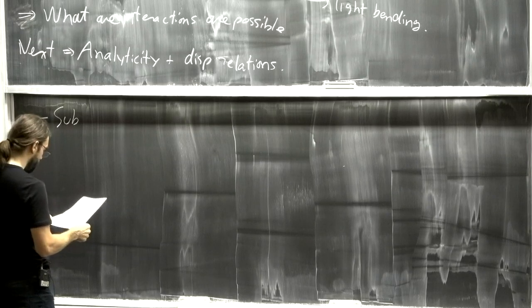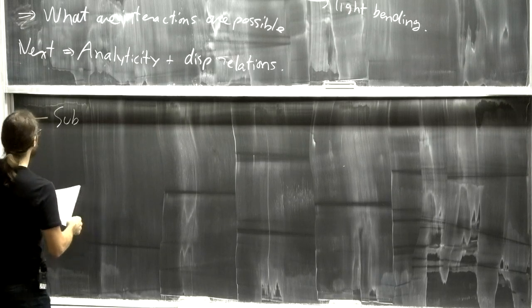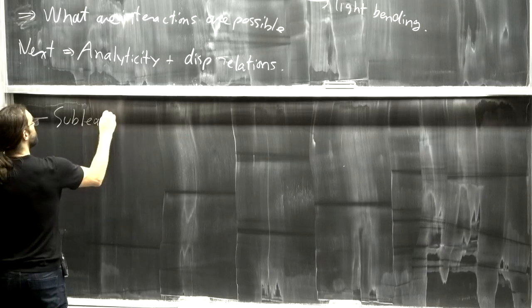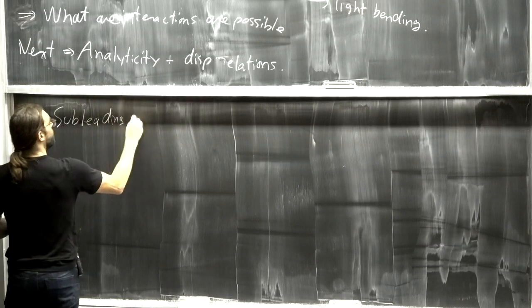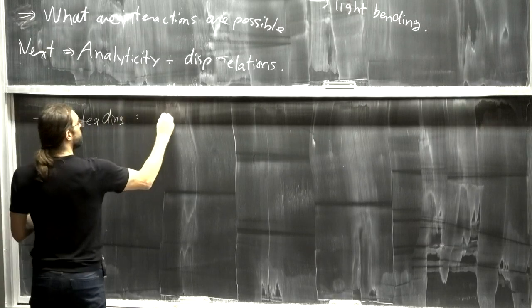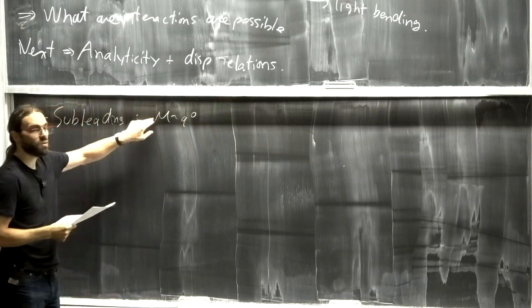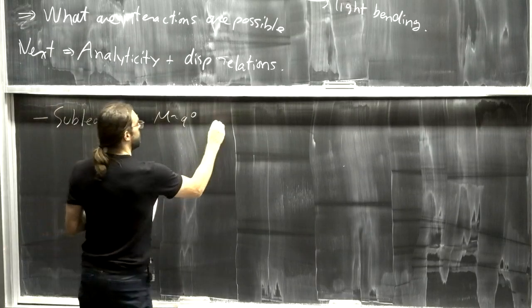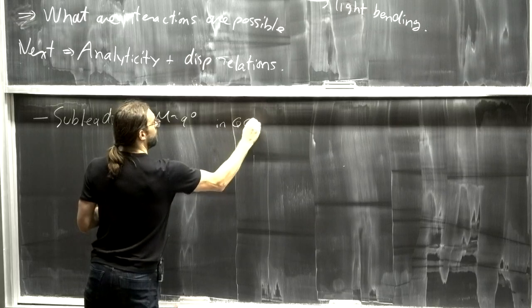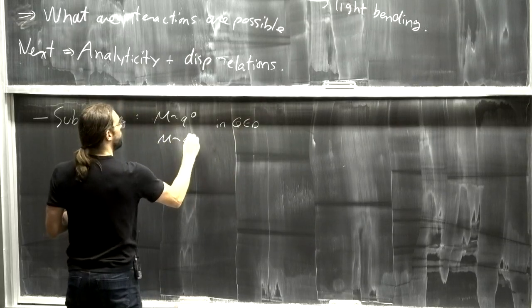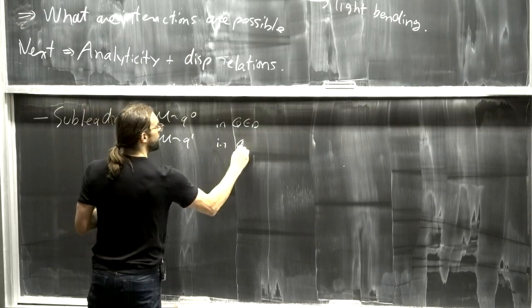So one thing that is true is that you have subleading soft. You can go to the term of order q to the 0, which is also predictable in QED, or up to q^1 in gravity.